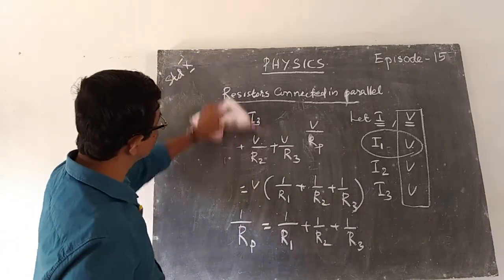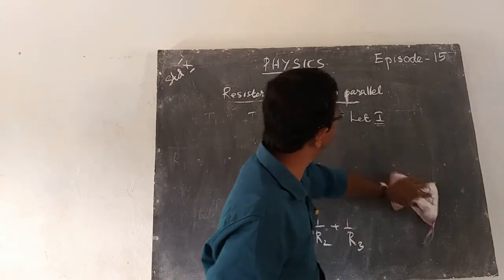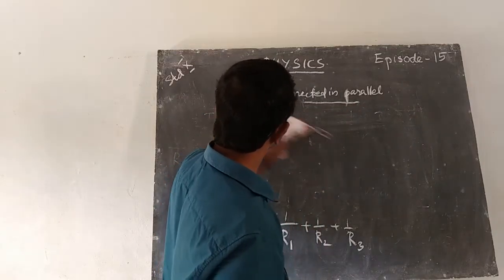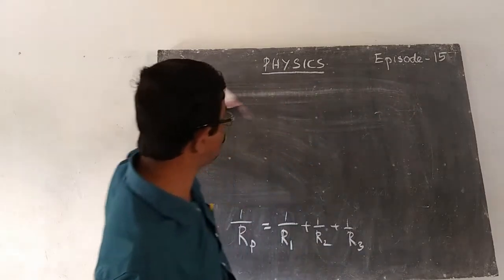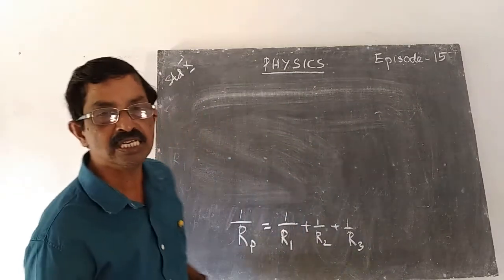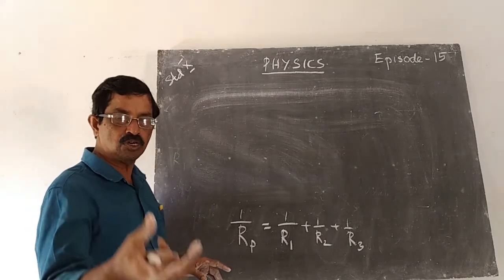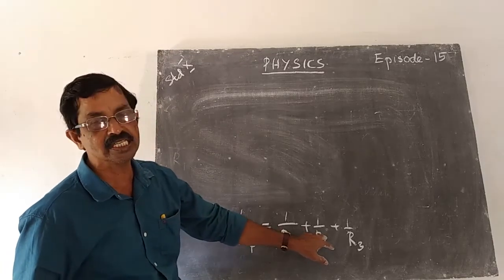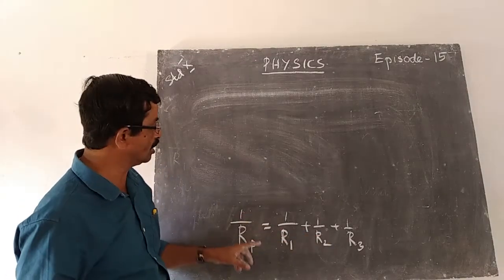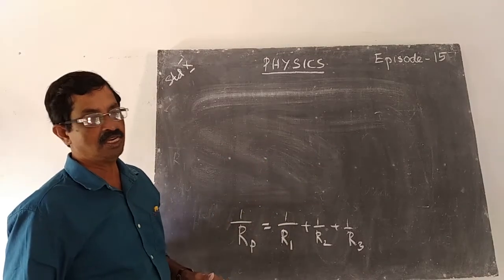See here, when resistors are connected in parallel, the total resistance comes from the reciprocals. Hence, resistance in the circuit decreases, or effective resistance in the circuit becomes smaller than the smallest resistance connected.